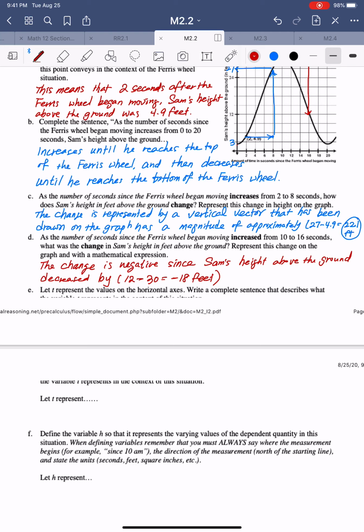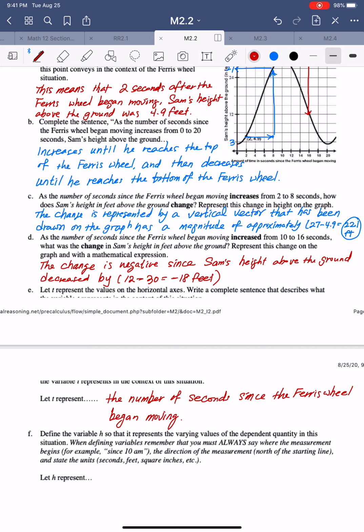So let T represent the number of seconds since the Ferris wheel began moving.